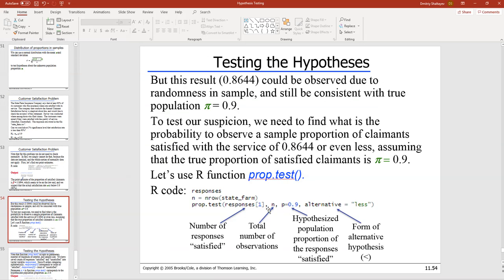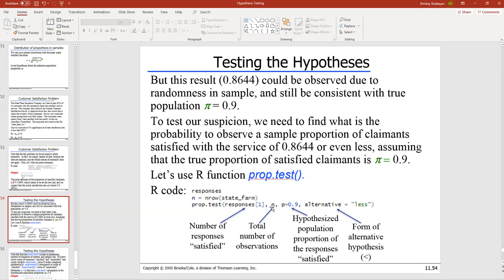And this function is going to be prop.test. So we're learning more and more functions. For numerical data, when it's normally distributed, we're using t-test, and this is going to be prop.test. Now prop.test, as you can see, takes several parameters. Number one, I should give the function the count of the responses that are of interest for me. In my case, it's the responses satisfied.